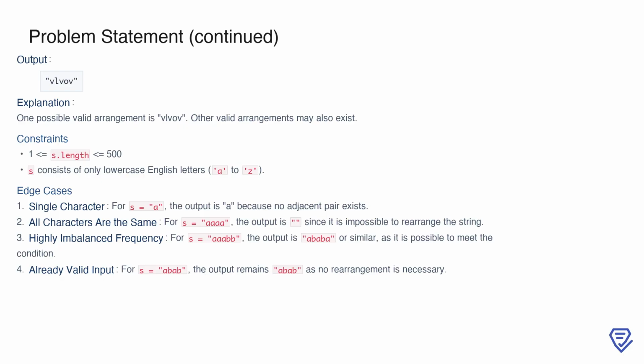If all characters are the same, such as AAAA, the output must be an empty string since rearrangement is impossible. For highly imbalanced frequencies, like OB, a valid output could be OBOBA, where the condition is satisfied. And if the input string is already valid, like ABAB, no rearrangement is needed, and the output remains the same. These examples highlight the variety of scenarios the solution must handle.